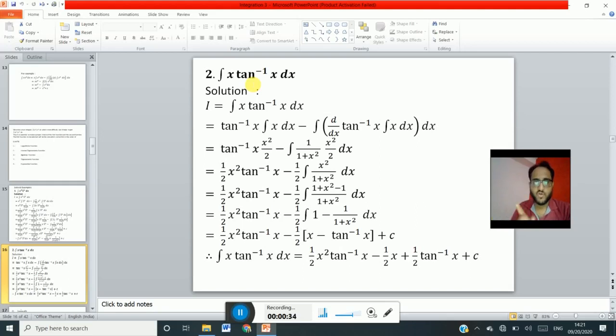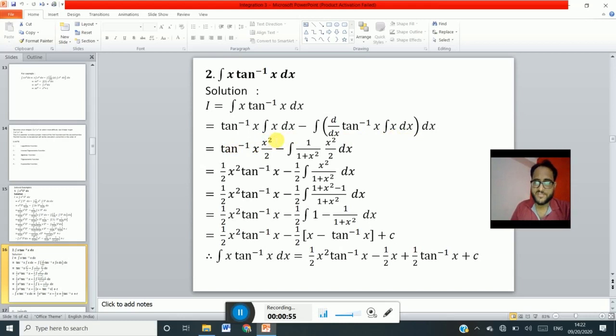So I means inverse trigonometric function comes first, so we consider this as the first function, right? So first function tan inverse x into integration of second, x dx, minus integration of derivative of tan inverse x into integration of x dx, right?